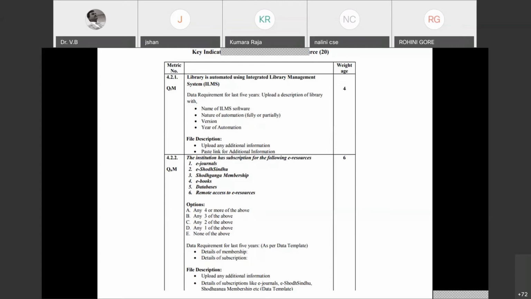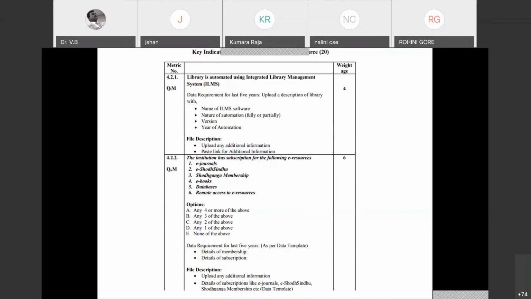Now that should not be entered here. Let us be very clear. E-books are different, and a DVD containing a soft copy of a textbook is different. So while you are entering the data, be clear about your understanding of the term e-books. Let me repeat, e-books are different and a DVD containing a soft copy of a book is different.